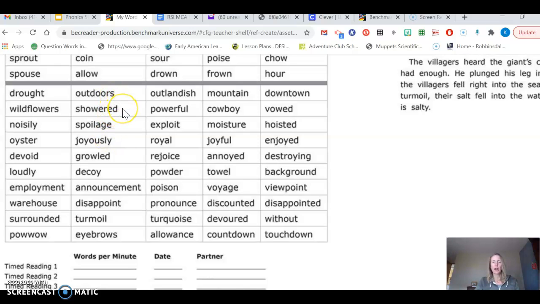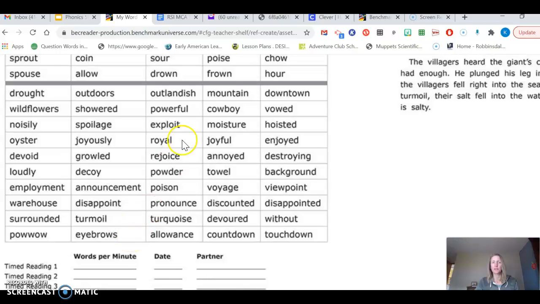Outdoors, showered, spoilage, joyously, growled, decoy, announcement, disappointment. Oh, excuse me, I said that wrong. It's actually disappoint.